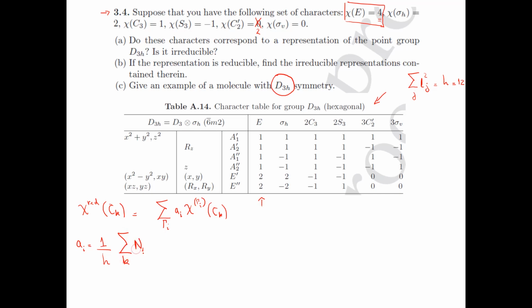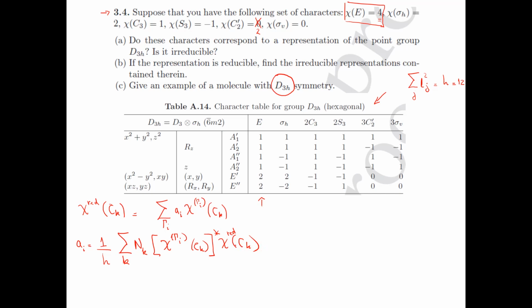Sum over classes, number of elements in each class, and the product of characters of the irreducible representation, complex conjugate, times the character of the reducible representation. Let me call it reducible.